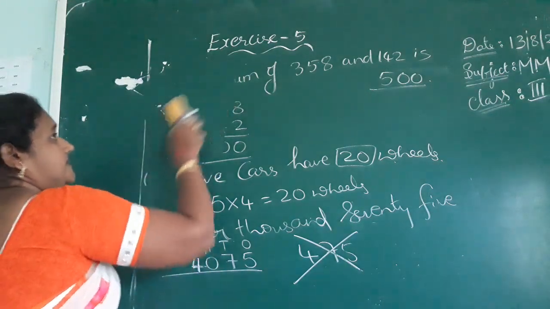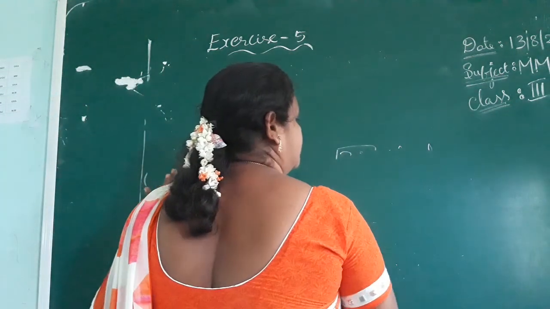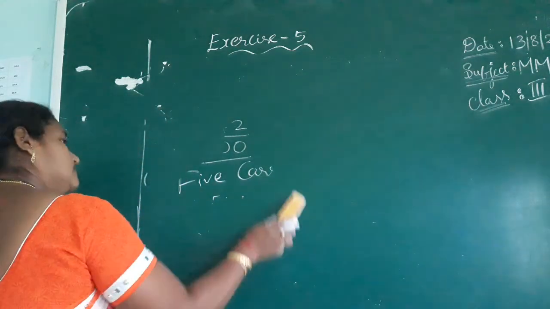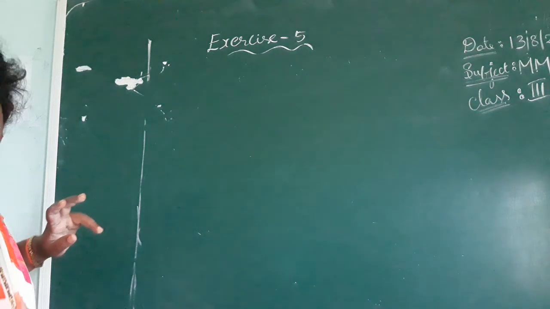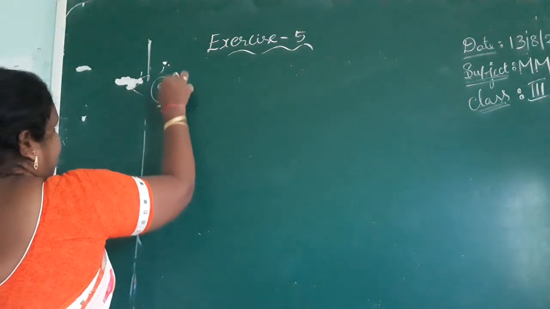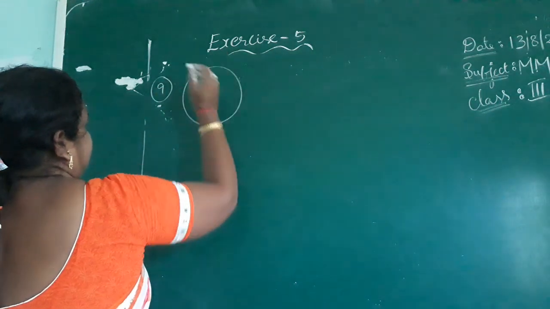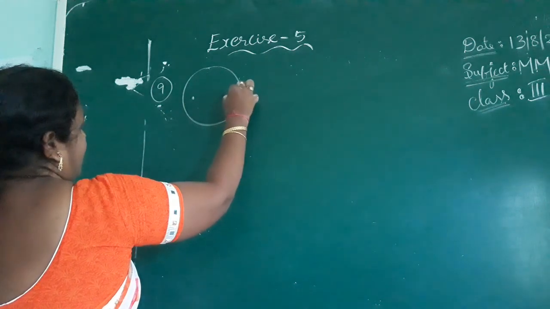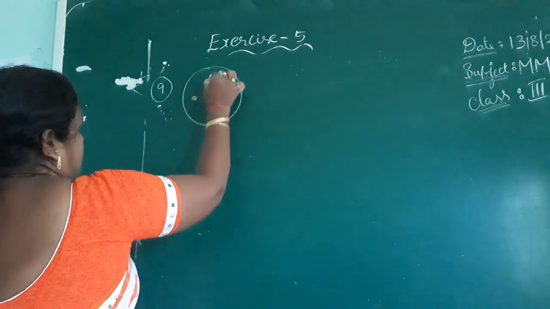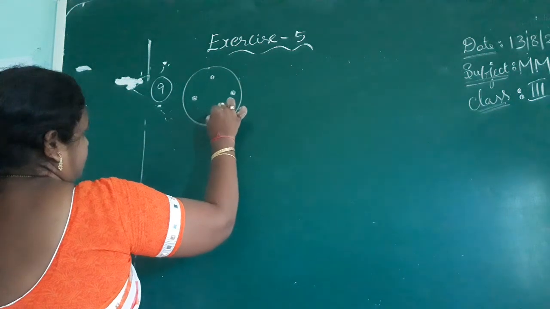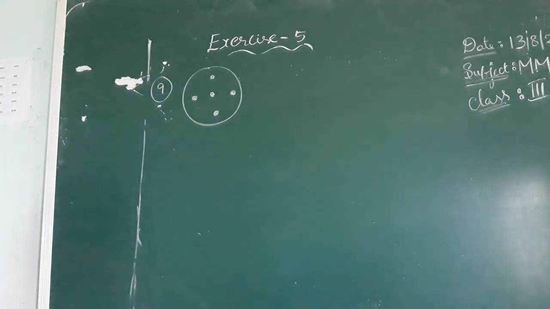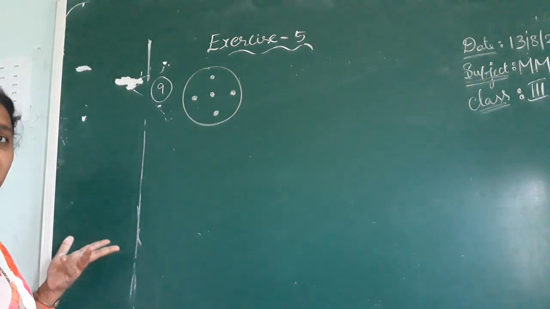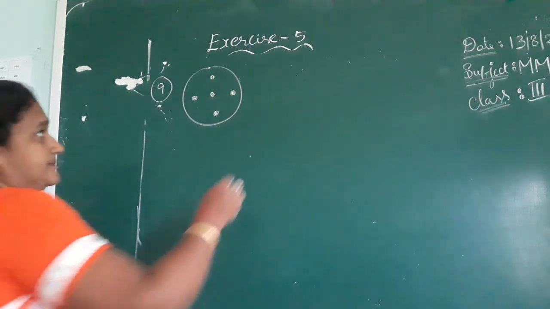Ninth question. They have given a picture for us. Each picture has 5 dots. They have given a plus in between, and they are asking how many dots and how many boxes.